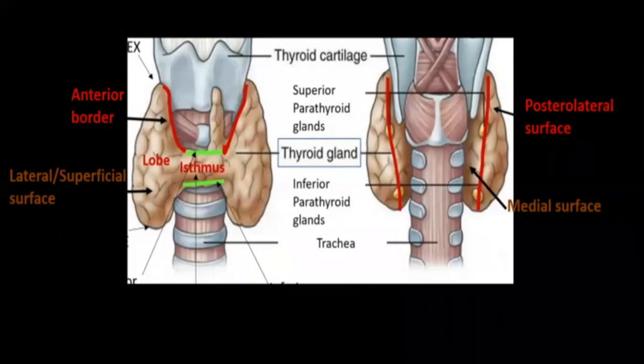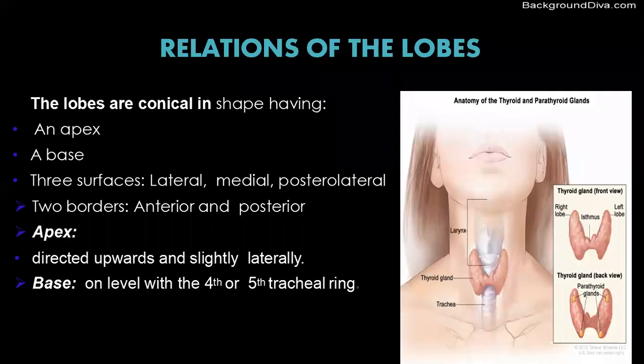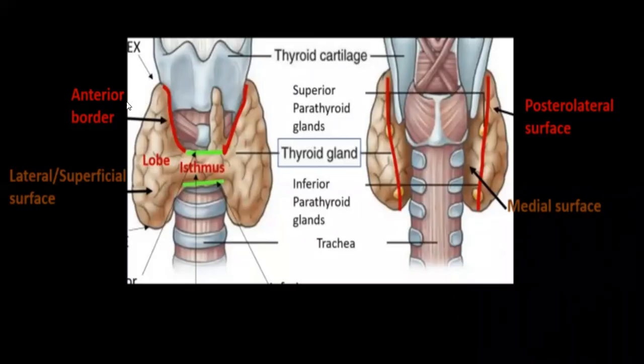Coming to the surfaces, it has three surfaces: the lateral surface, the medial surface and the posterior lateral surface. The lateral surface means the one present at the side. So this is the lateral surface. The medial surface is in the middle. So this is the medial surface, and the last one is the posterior lateral surface.